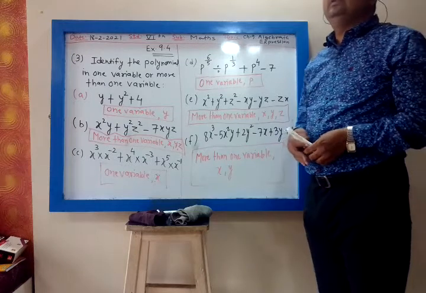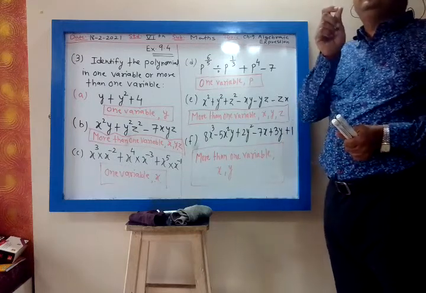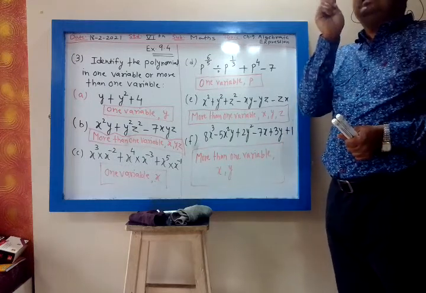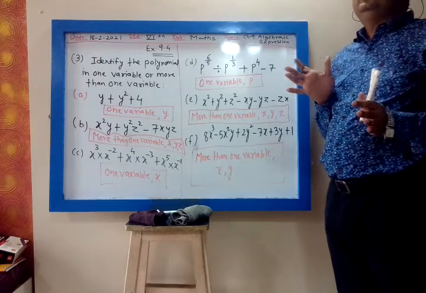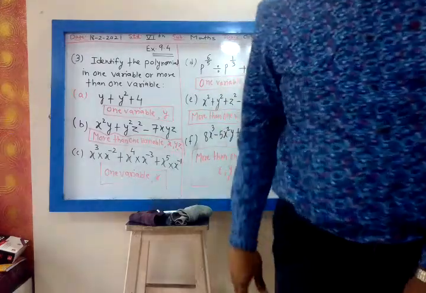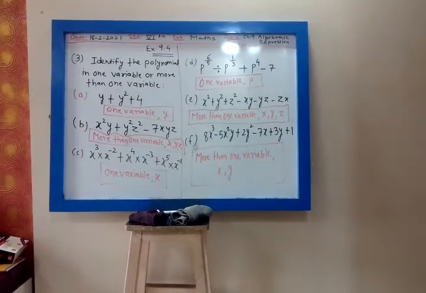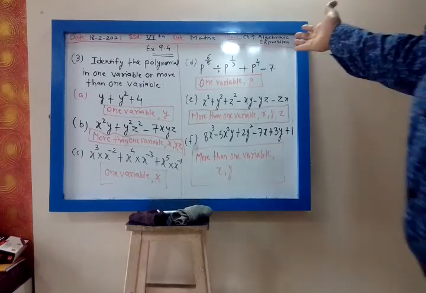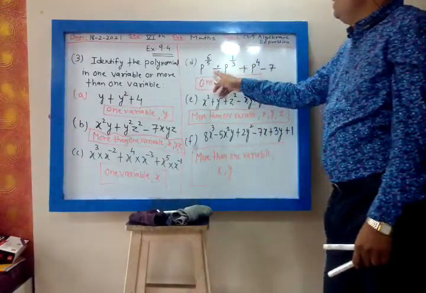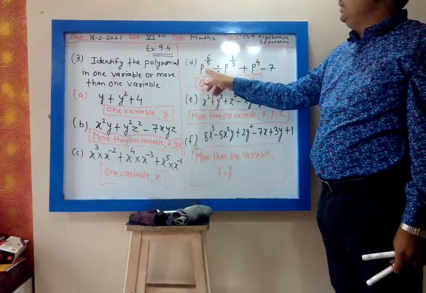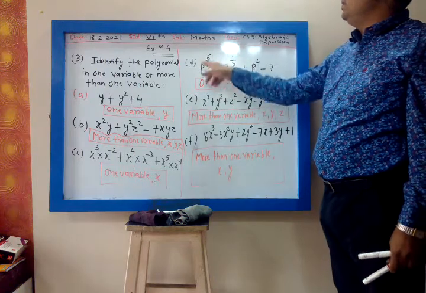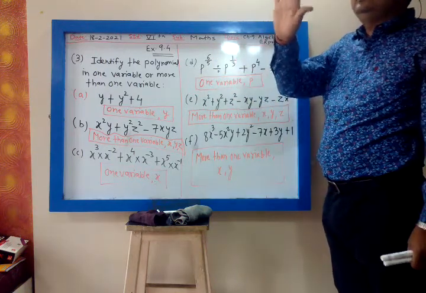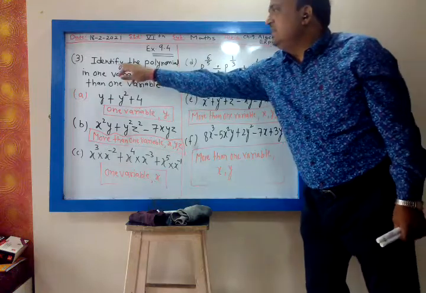Even though it is there, you will include the variable. Variable means the alphabet which you can see in the given expression. That's all. Is there one alphabet or more than one alphabet? Is it clear? When you simplify p raised to 6 by 5 divided by p raised to 1 by 3, you will get a positive power. But we are not interested in the simplification because it is only to identify.